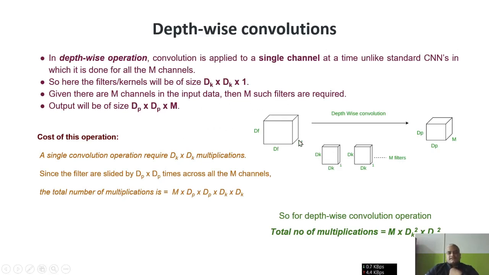So finally the output becomes DP cross DP cross M. The overall cost of the operation: a single convolution operation requires DK cross DK multiplications. Since the filter is slid DP cross DP times, because the output is DP cross DP, with M channels, that is M filters, the total number of multiplications is M cross DP square cross DK square.